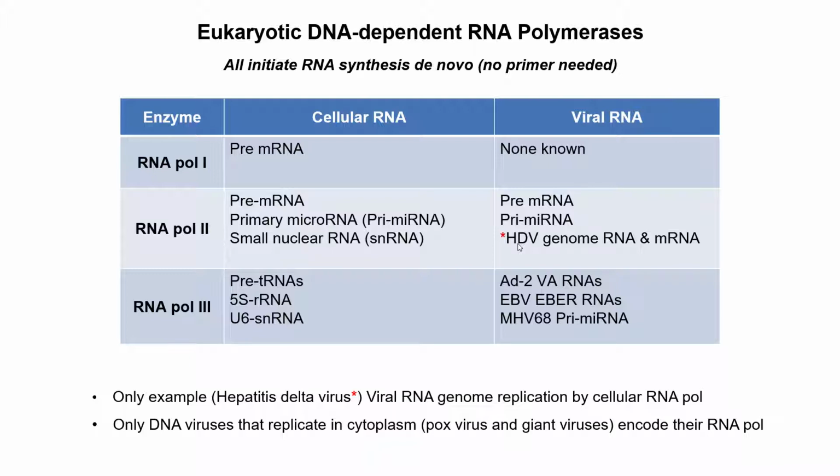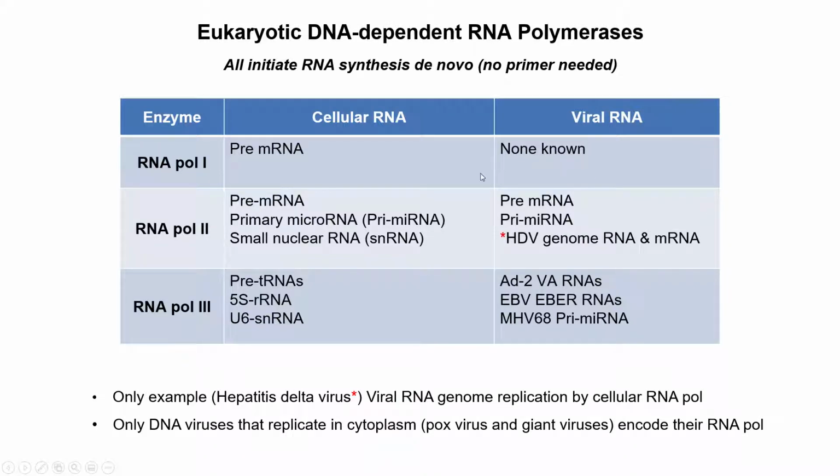So think about that. I'm repeating again: only in the case of HDV, hepatitis delta virus, I've written that whole thing down there, the DNA-dependent RNA polymerase, or RNA polymerase II, functions as an RDRP, RNA-dependent RNA polymerase. There are no other known examples of that except the hepatitis delta virus. So that's very, very unique and always a quiz or exam question.